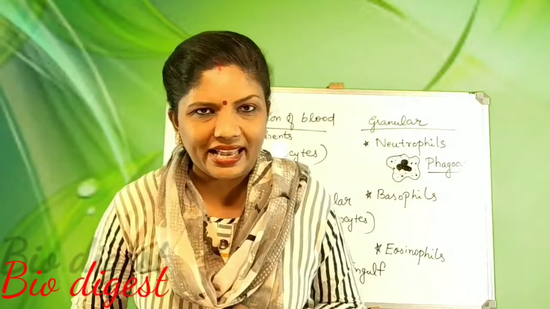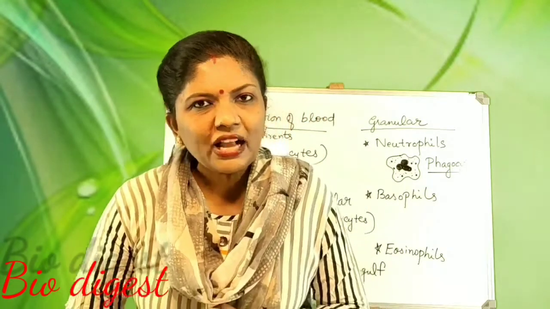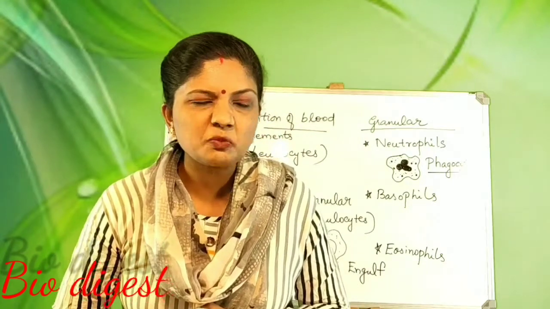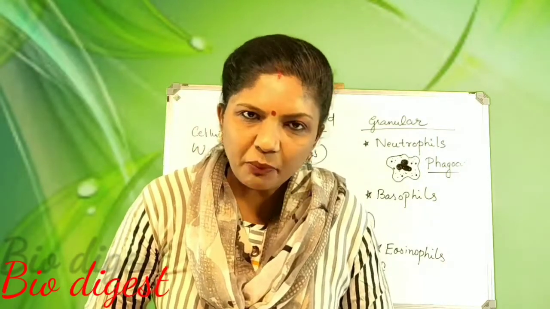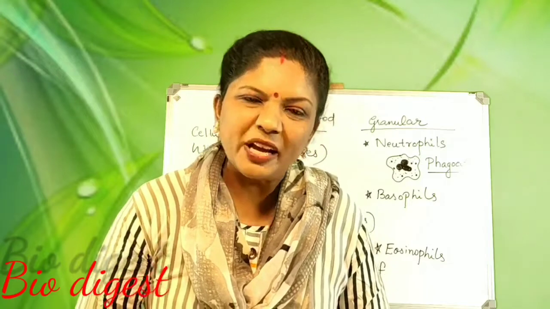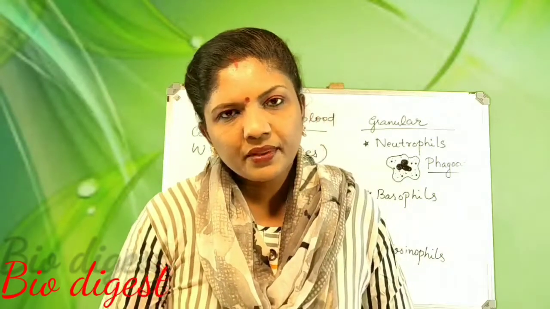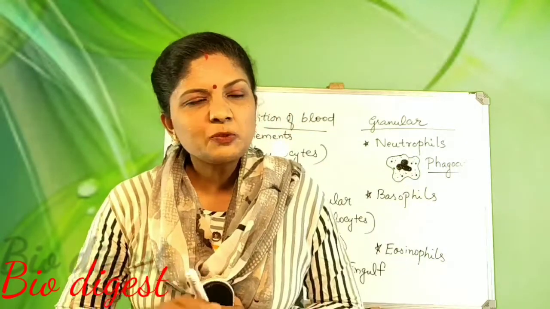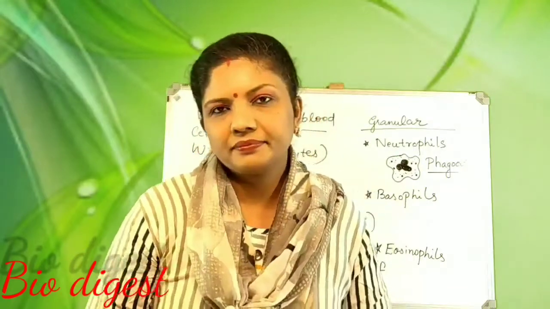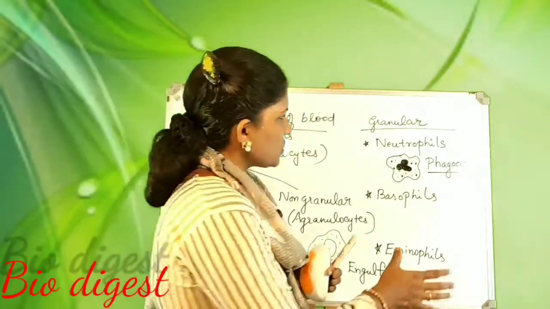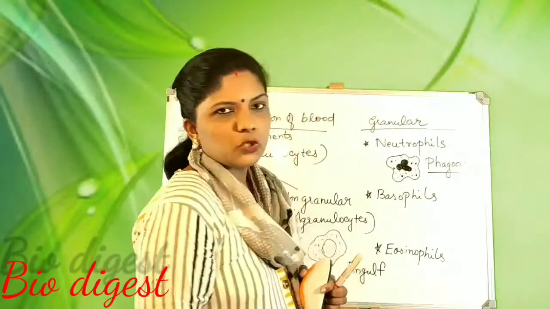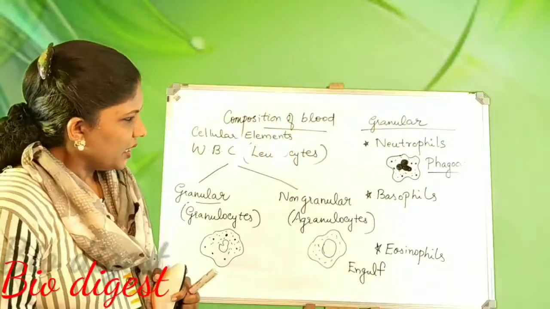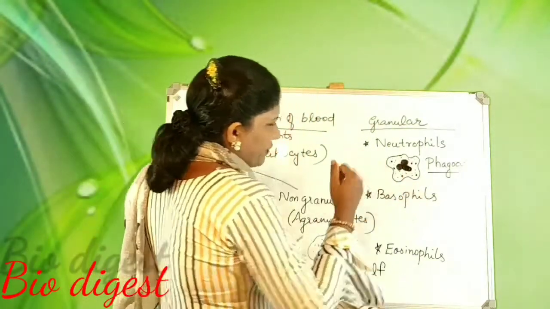So how will you write the answer? Phagocytosis is the process by which WBCs, especially neutrophils, will engulf solid particle-like substances, especially bacteria. Okay, that process is what is known as phagocytosis.